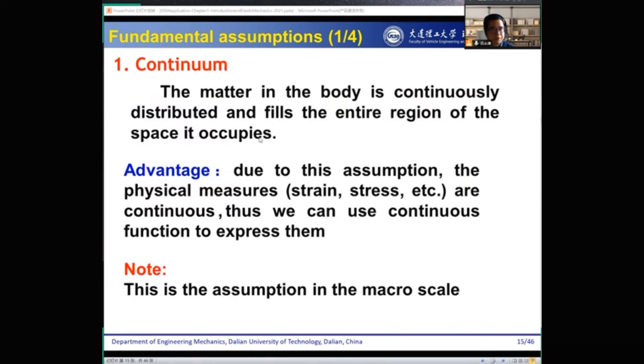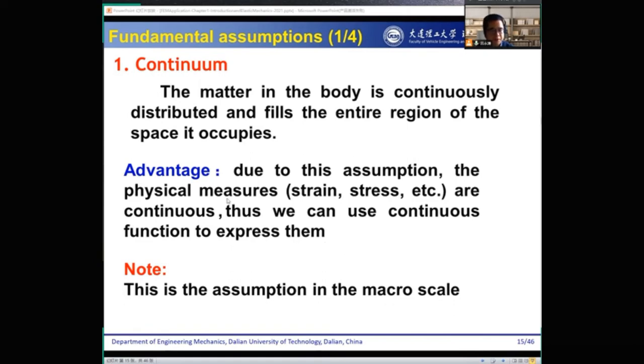First, we have some fundamental assumptions in finite element analysis. Here we talk about four fundamental assumptions. The first is the continuum assumption, which means the matter in the body is continuously distributed and fills the entire region of space it occupies. Due to this assumption, physical measures, for example strain and stress, are continuous. Therefore, we can use continuous functions to express the problems.